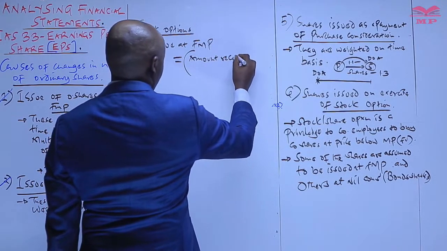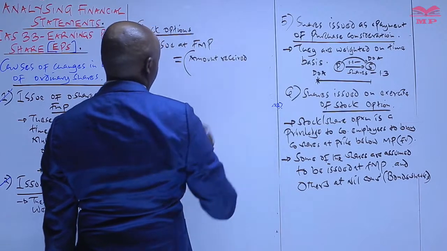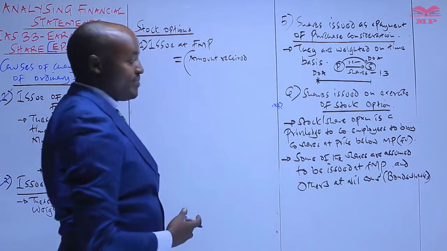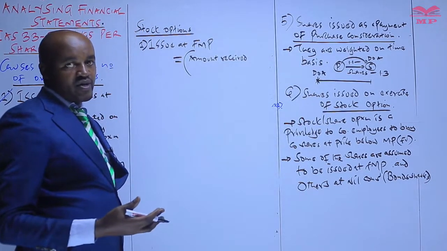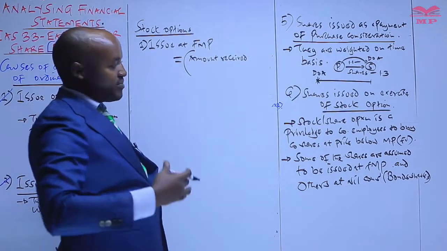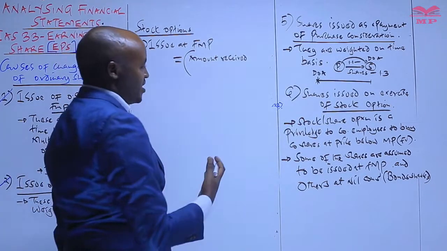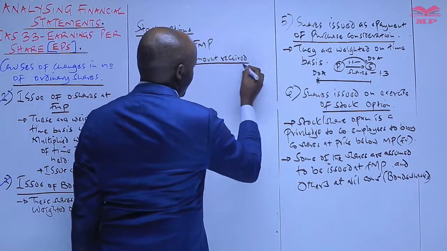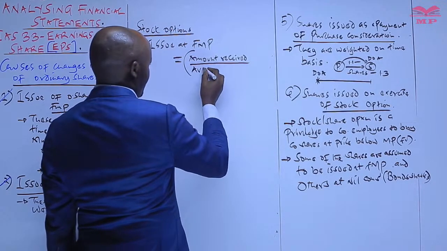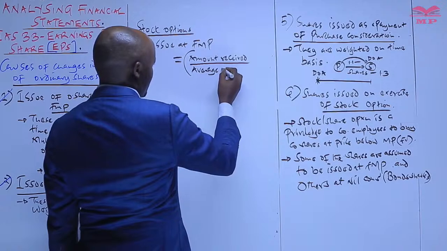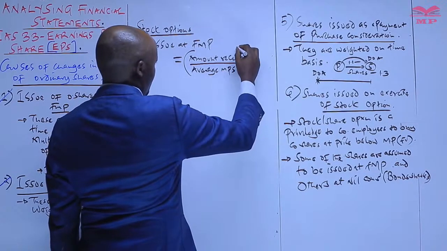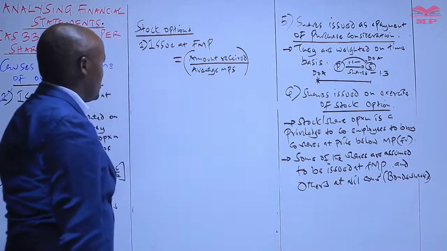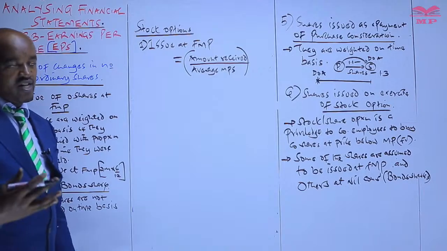First of all, we compute the amount received by the company. The amount received by the company will be equal to the shares which were issued to the employees of the company times the price they were to pay per share. That will give us the amount received by the company, and then we divide that by the average market price during that year. This will give you the shares issued at full market price.